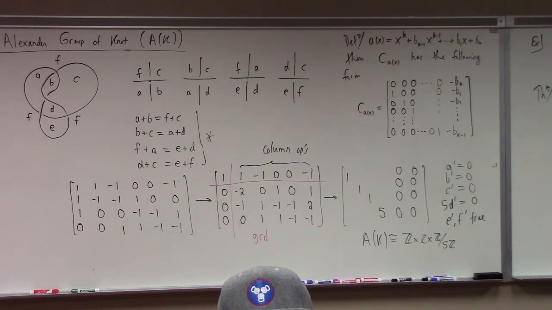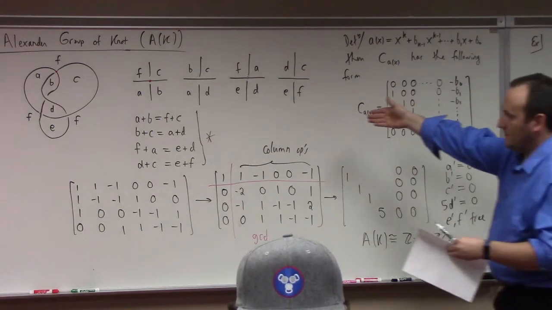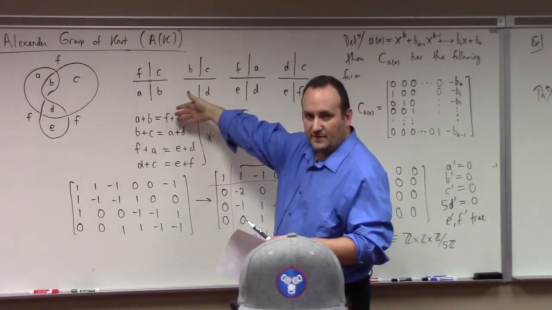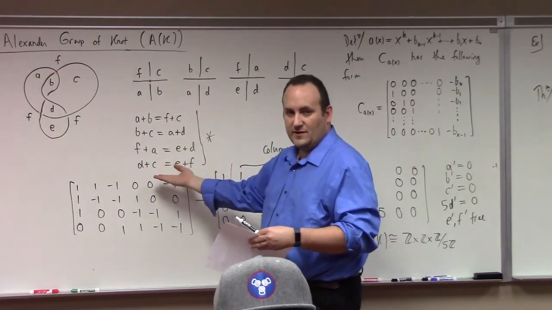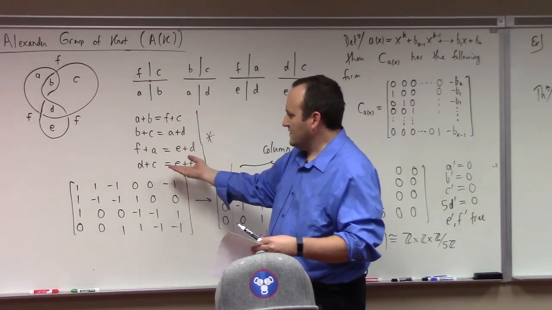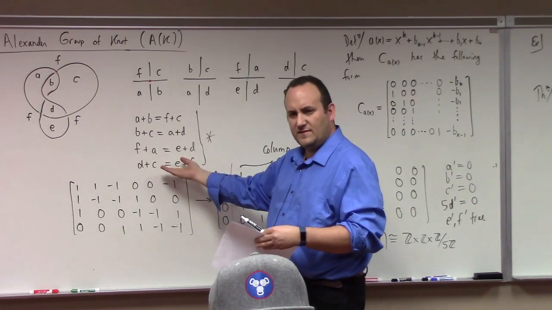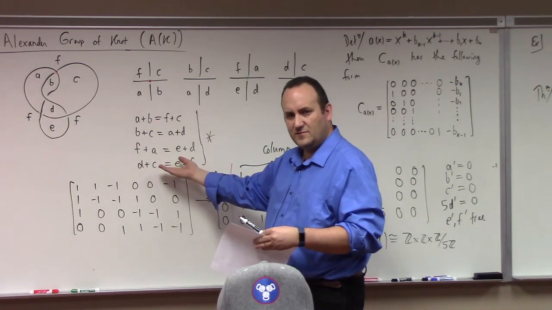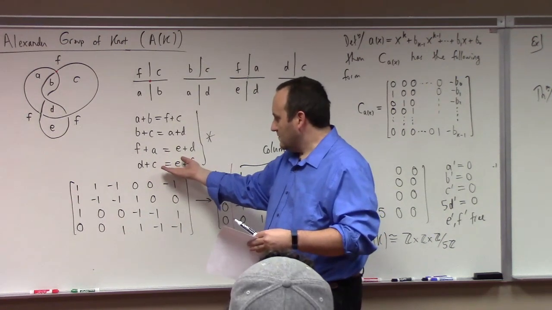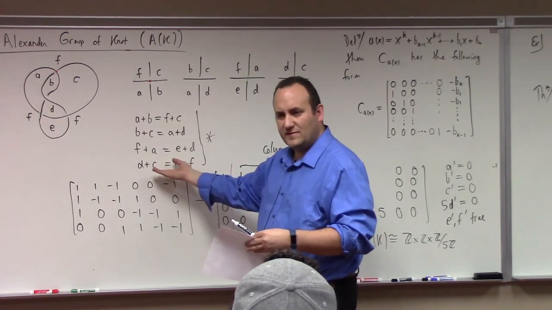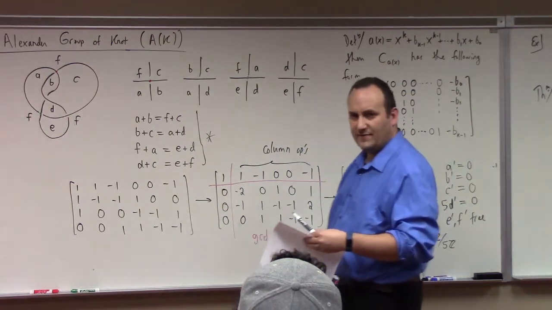It's not at all obvious what on earth this is as an abelian group. If I said, what is this? No one here is going to say, oh, that describes Z cross Z5 as a solution set to 4 integer equations and 6 integer unknowns. Obviously, right?